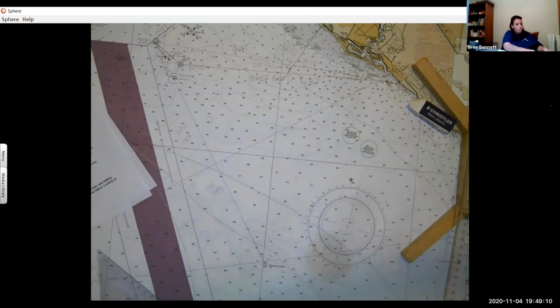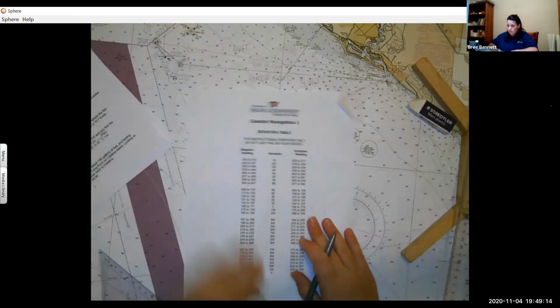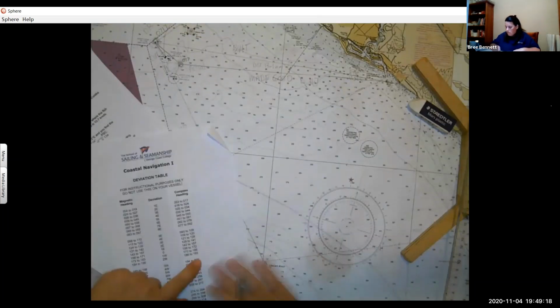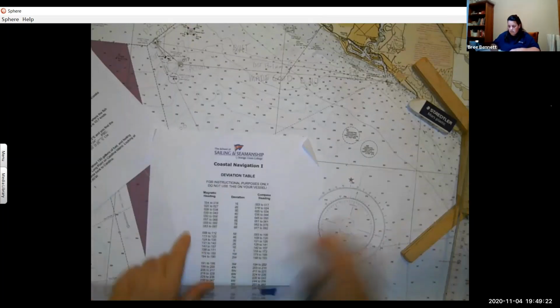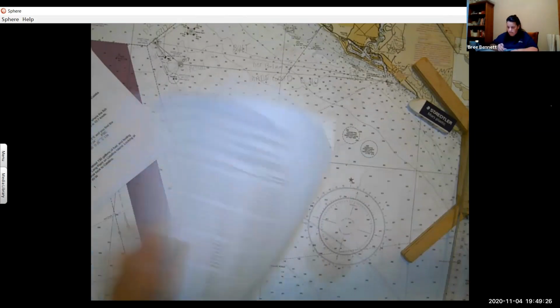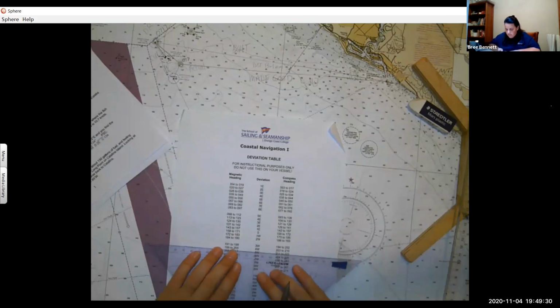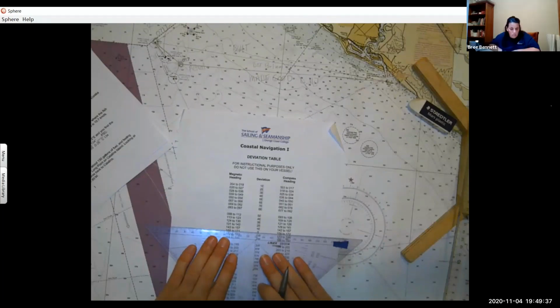So if I use my deviation table, I have variation of 12 east, and I am looking for 149. I would have used 1 east.